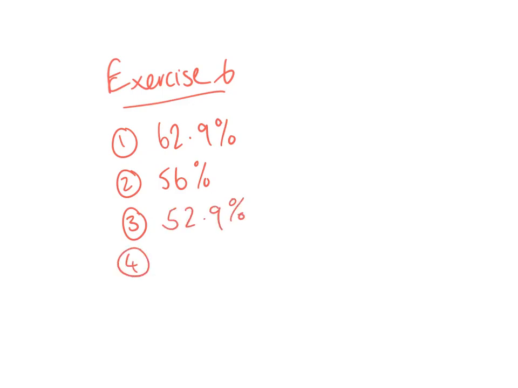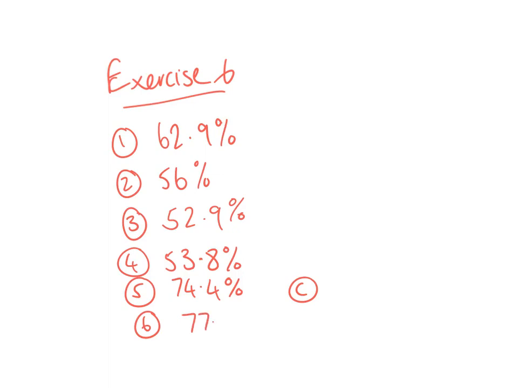Number 4 is 53.8%. Number 5 is 74.4%, which is answer C of the multiple choice. Number 6 is 77.7%. And then finally question 7 is essentially your definition from page 27.